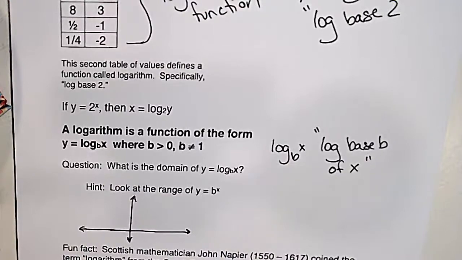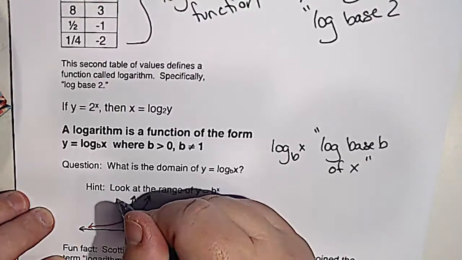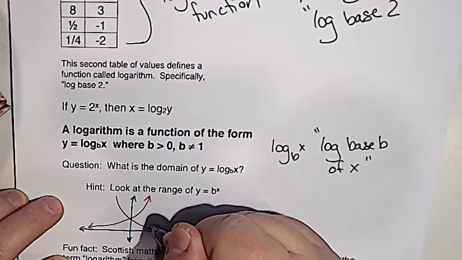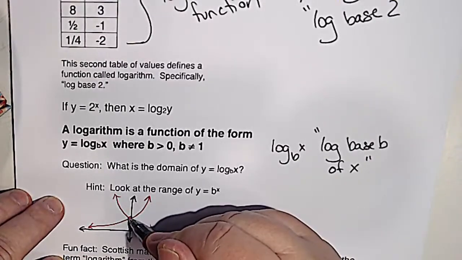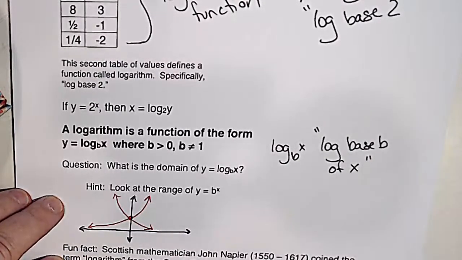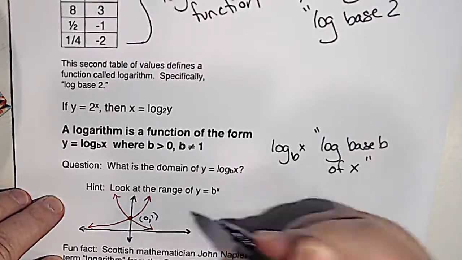One of the possible graphs looked like this. Remember that? And one graph looked like this. It depended on whether or not the base was a fraction. And it went through that point, which was 0, 1.